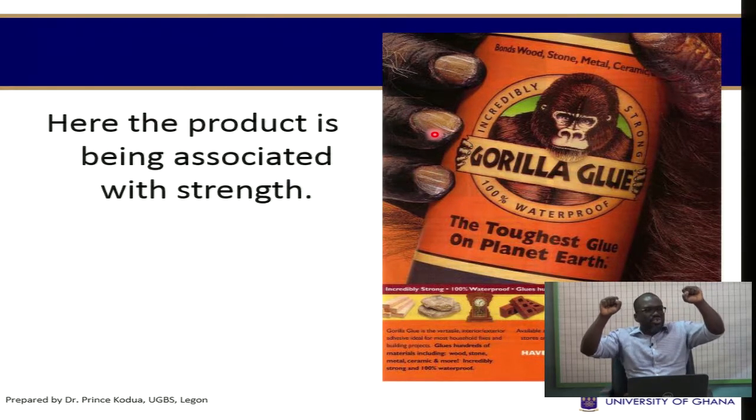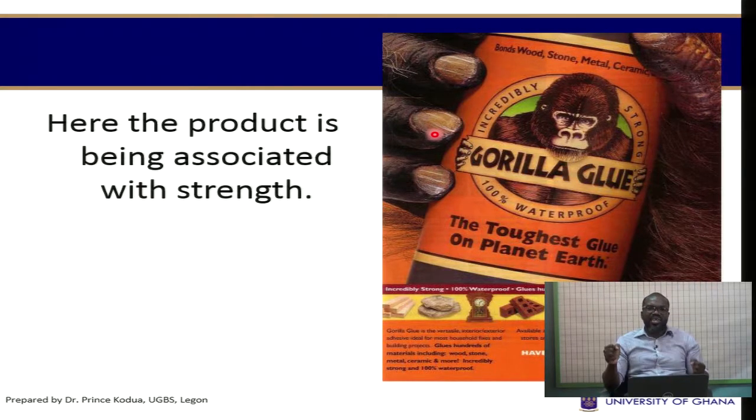They are very strong, very firm. When they are in the forest, they hold branches and all that. They are trying to show how strong this glue is. So based on knowledge of classical conditioning, they are associating this gorilla with the glue. In other words, they are trying to communicate the idea that this glue is very strong in terms of its adhesive properties.